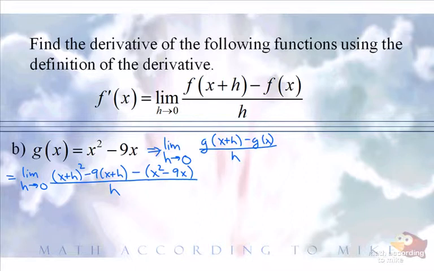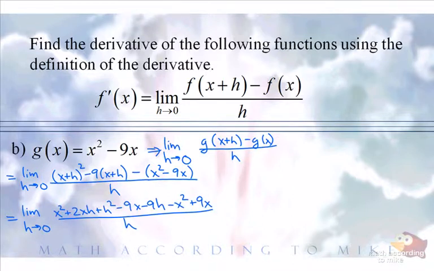So if you would, please give yourself a minute or two to square everything out. Try to finish this one on your own. You will have x's in your answer. It won't be a number anymore. What cancels? Yep.